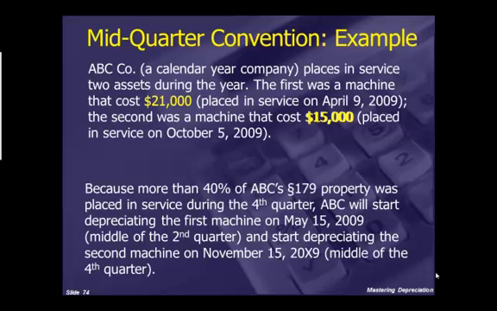We have ABC is a calendar year company. It places in service 2 assets during the year. The first was a machine that cost $21,000, placed in service on April 9th of 2009. The second was a machine that cost $15,000, placed in service on October 5th of 2009.